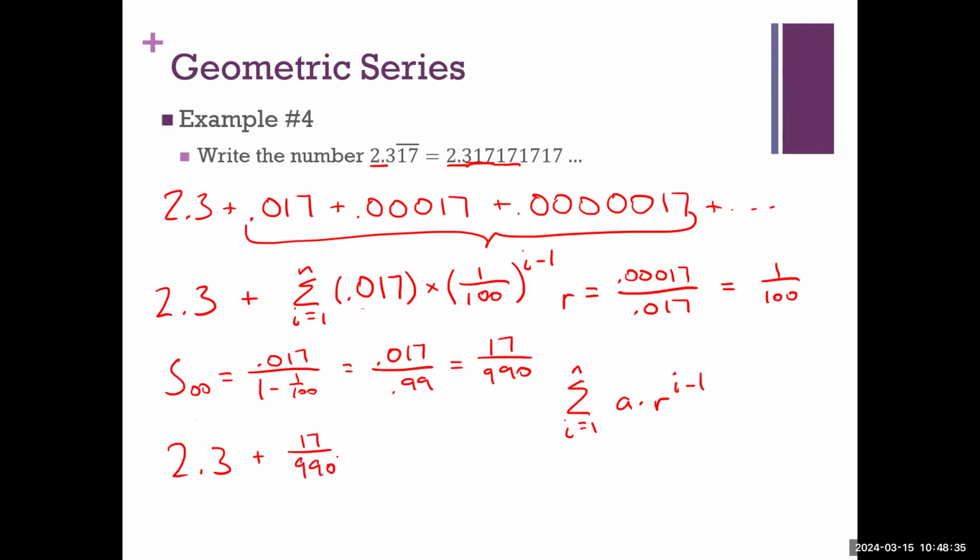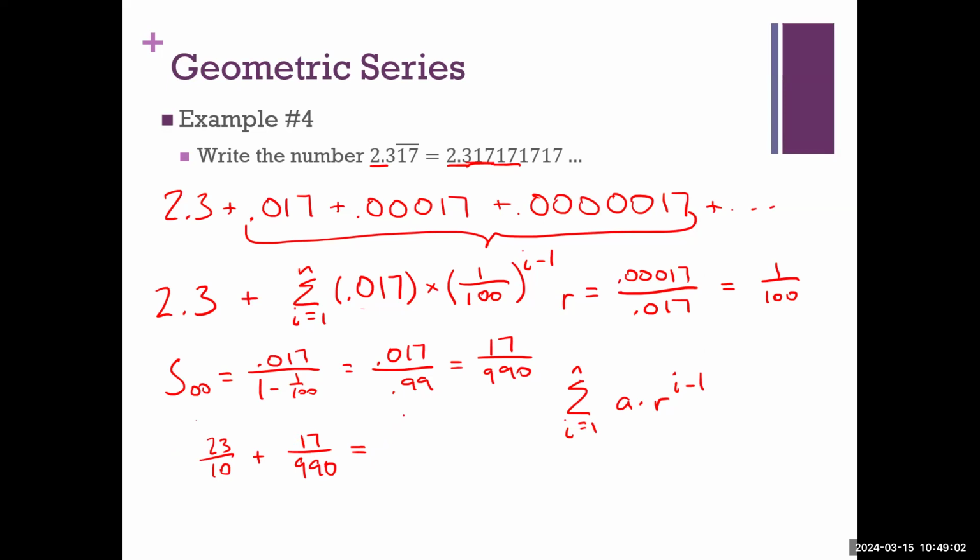So I want to write this as a fraction. Where can I go from here? Can I rewrite 2.3 as a fraction? Should be 23/10. How many of you know how to use the fraction feature on your TI calculators?